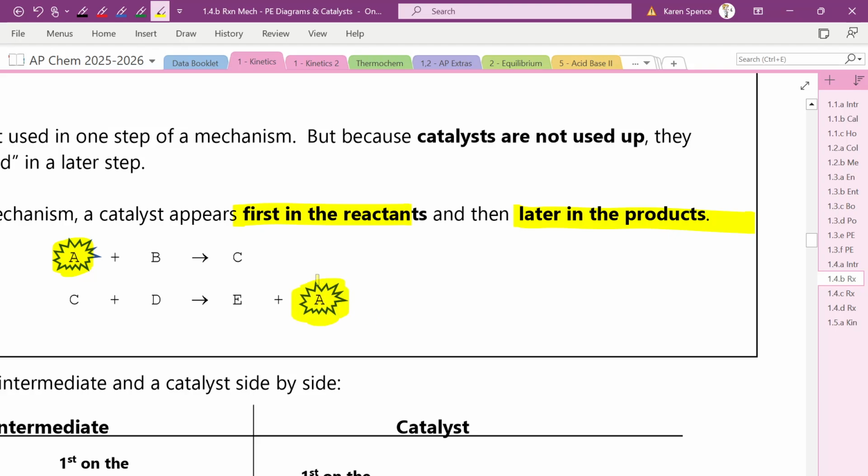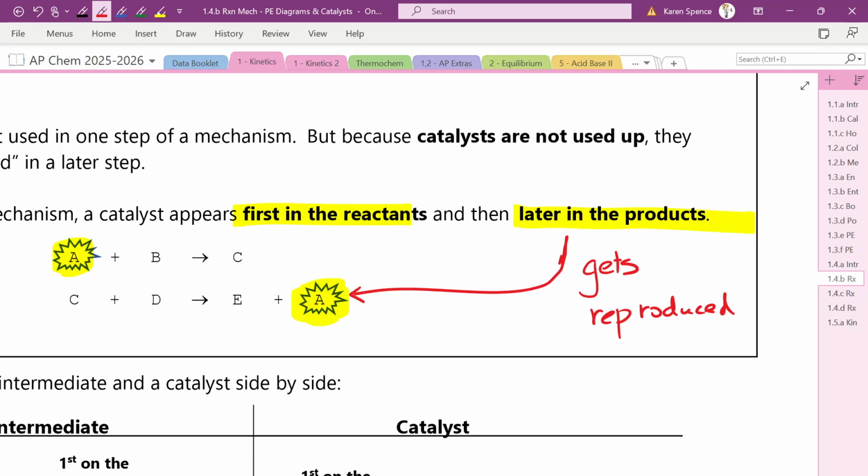So it gets reproduced. So did it get used up? Yes, question. Yes. It can just sit there and catalyze reaction after reaction after reaction after reaction.